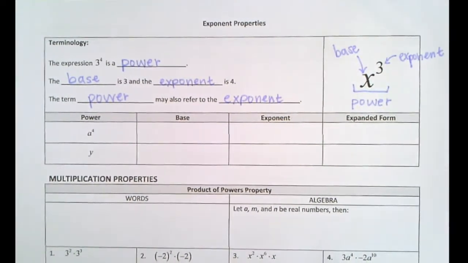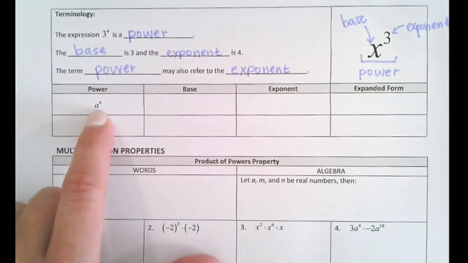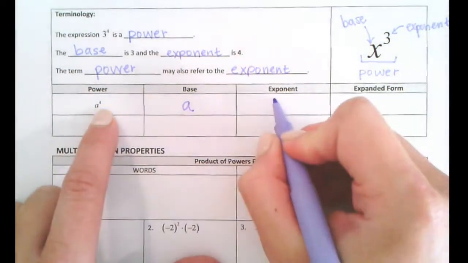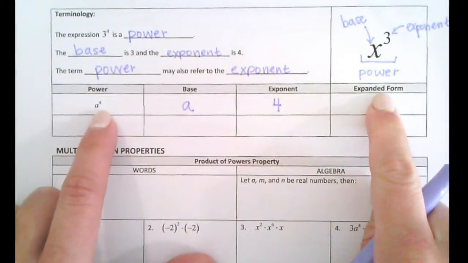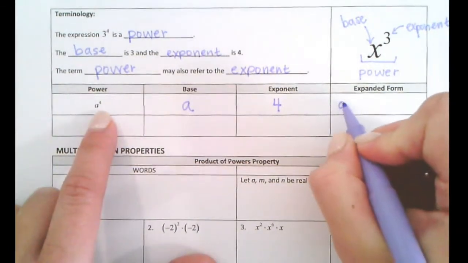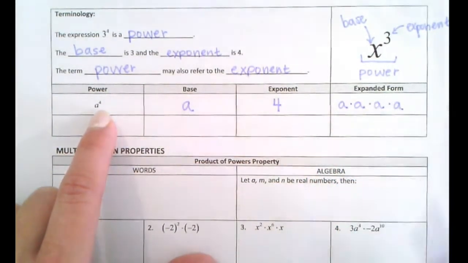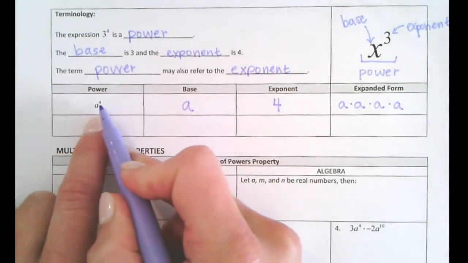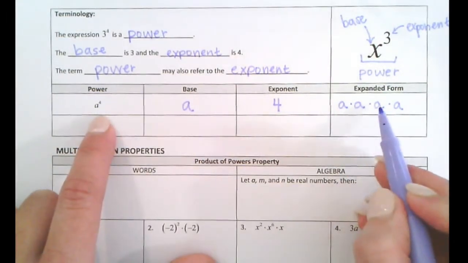All right, so looking at the power, a raised to the power of 4, this time my base is a. My exponent is 4. We write this out in the expanded form as a times a times a times a, because a raised to the power of 4 means I want a 4 times.